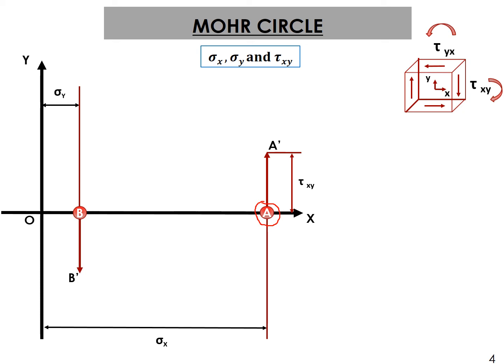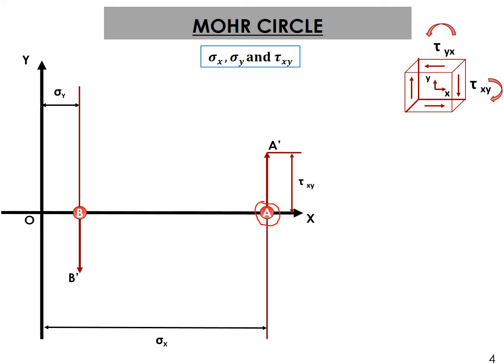Once again I will repeat, we started with the coordinate system, and I told you the normal stress is to be taken along x-axis and shear stress is to be taken along y-axis. We started with the normal stress in the x direction with reference to point O along the horizontal line. We marked a point A. Similarly, using the other normal stress in y direction, we marked point B. Now we have to mark shear stress in the y direction.